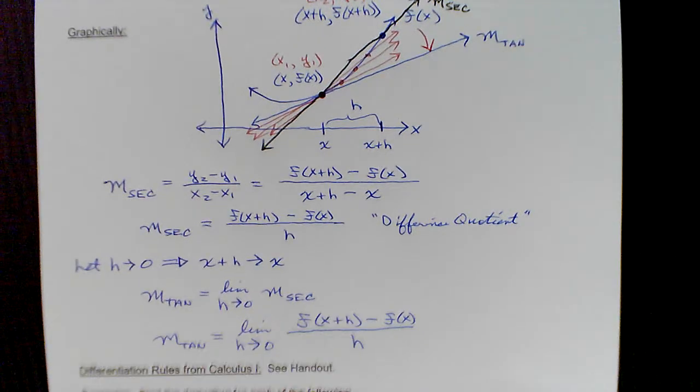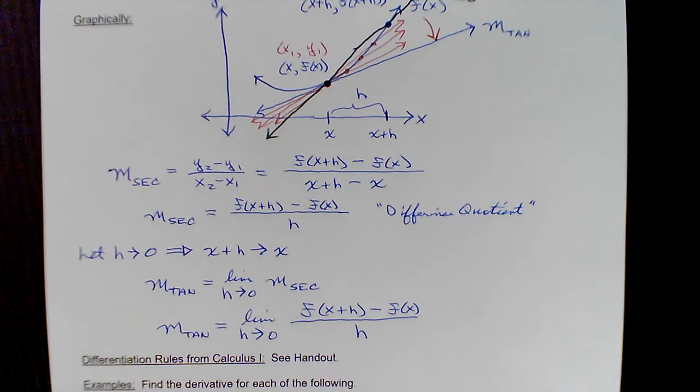And you can see that that's our definition of the derivative. So that's why we interpret the slope of the derivative to mean the slope of the tangent line.